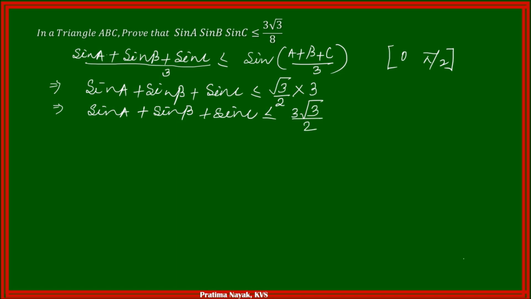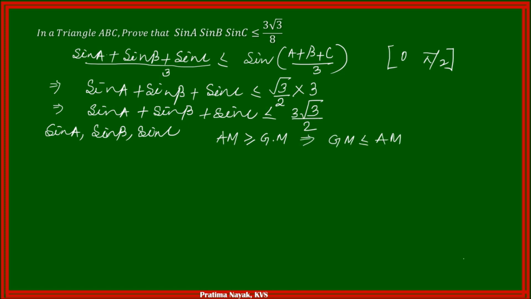Now sine A, sine B, sine C. Suppose sine A, sine B, sine C are 3 reals. Then we know that the arithmetic mean is greater than or equal to the geometric mean, or the geometric mean is less than or equal to the arithmetic mean.